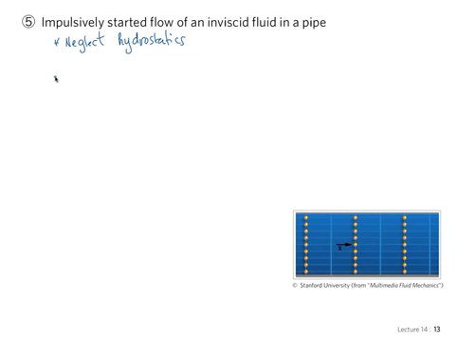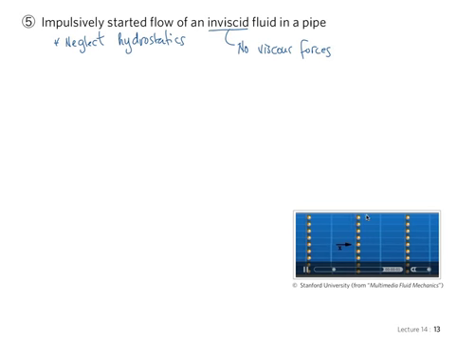But since it's inviscid, the viscosity terms are 0, so no viscous forces. And we don't have to apply the no-slip boundary condition in this case. We're assuming that there is no effect of the boundary on the flow. So we have slip on the boundaries, okay?